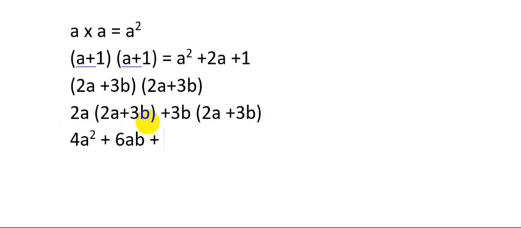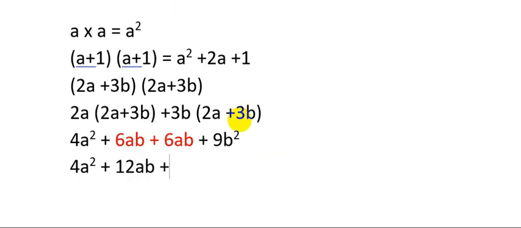Again the third term is 6ba, which is also equal to 6ab, plus 3 multiplied by 3 is 9, b multiplied by b is b square. Again you can see the similar terms. So we write the final answer as 4a square plus 6ab plus 6ab is equal to 12ab and plus 9b square.